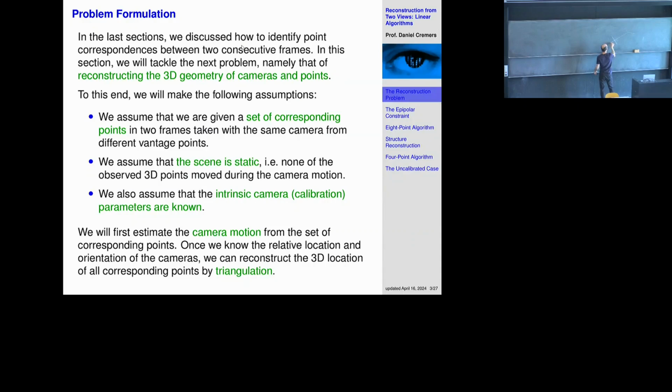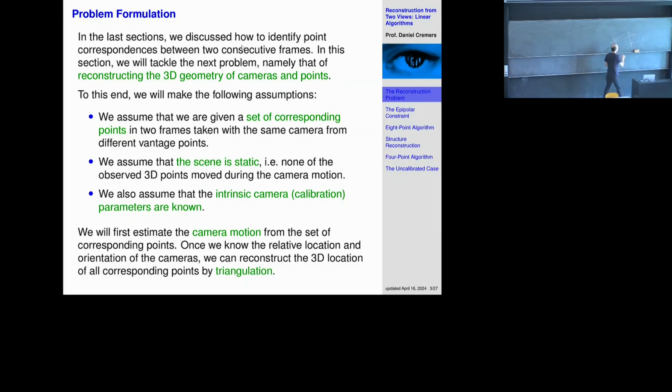One image here with the camera center here, and then we see the same point in another image. And I say the same point, we assume that we have estimated the correspondence. So we assume we have estimated which point in this image corresponds to which point in that image. So that we have this point here, and then we have another point, let's say the red one, that corresponds to this world point, and that corresponds to that pixel in the other image.